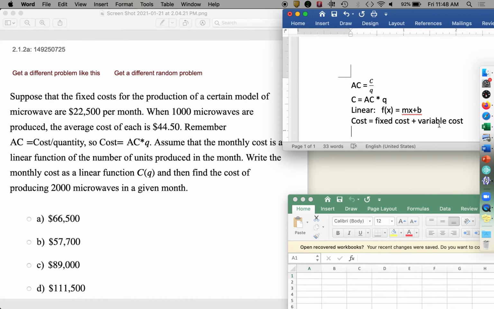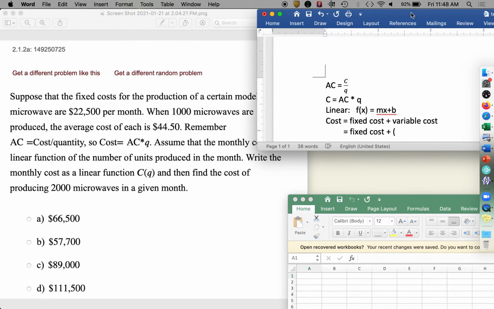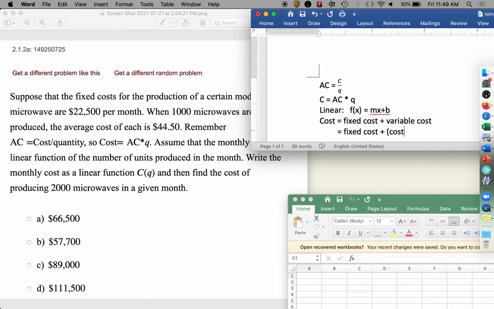But the variable cost is based on the number of items you make. And so in the case of this problem, or others like it, it's the fixed cost plus the cost per item times the quantity.